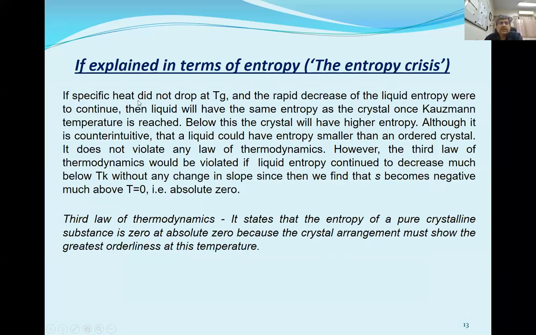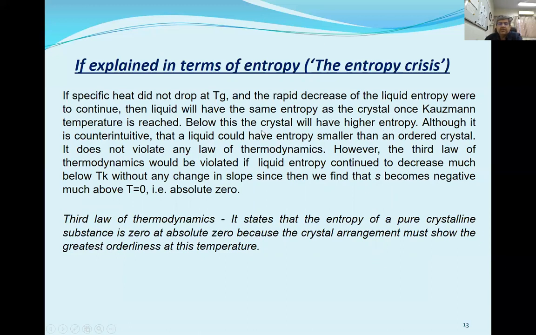If the specific heat did not drop at Tg, and the rapid decrease of the liquid entropy were to continue, then the liquid will have the same entropy as the crystal once the Kauzmann temperature is reached. Below this, the crystal will have a higher entropy than the glassy state.